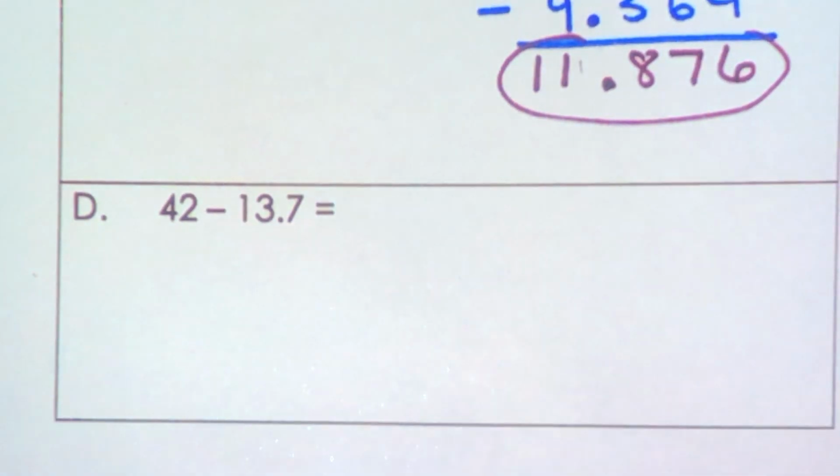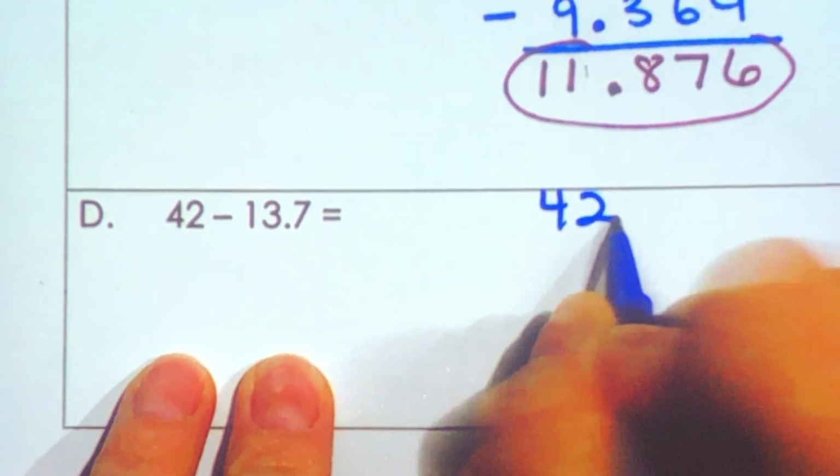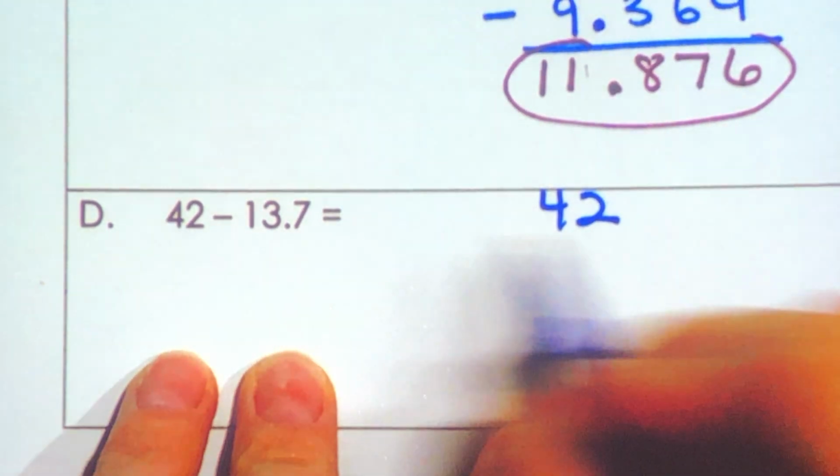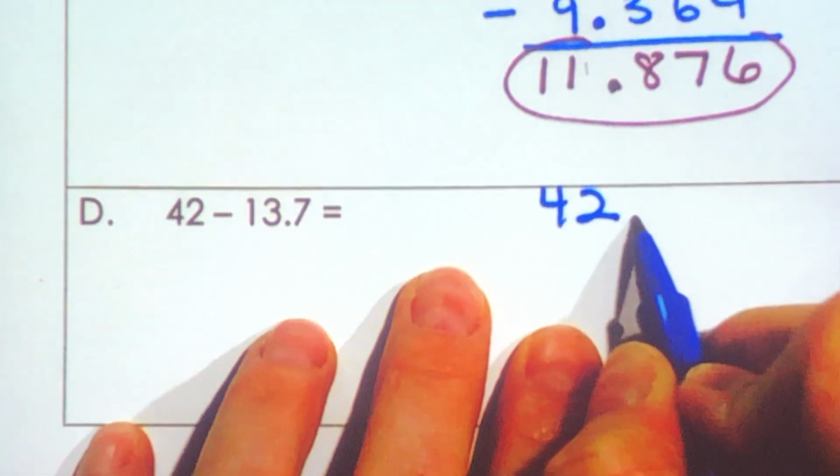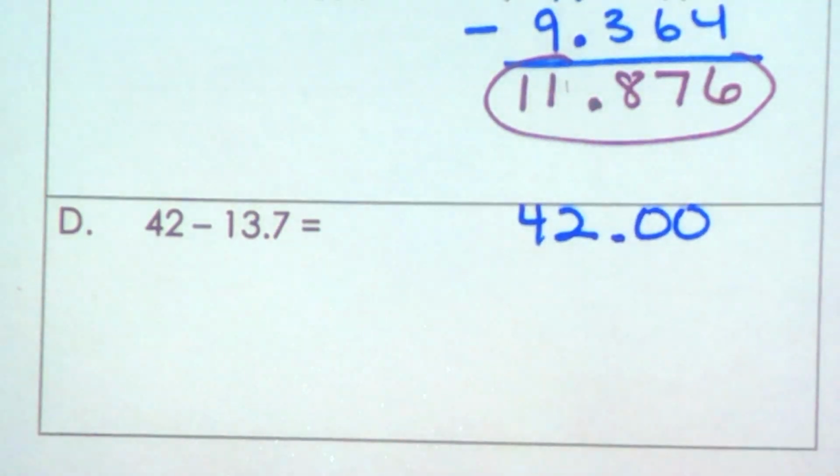So I'm going to go ahead and write the number that's first on top. It does matter when you subtract. And I'm supposed to subtract 13.7 from that. Now again, when you're lining this up, if I don't see a decimal point, there really is one. 42. If I were to have $42, couldn't I say that?